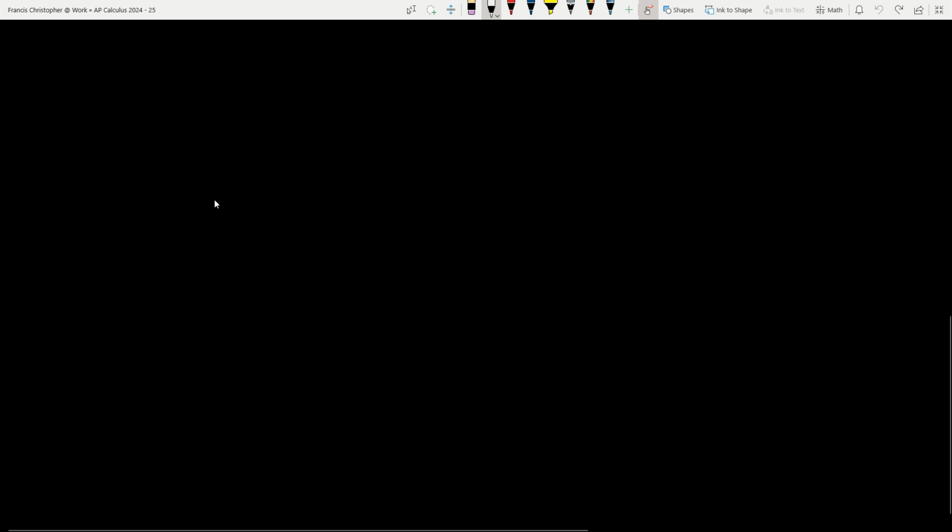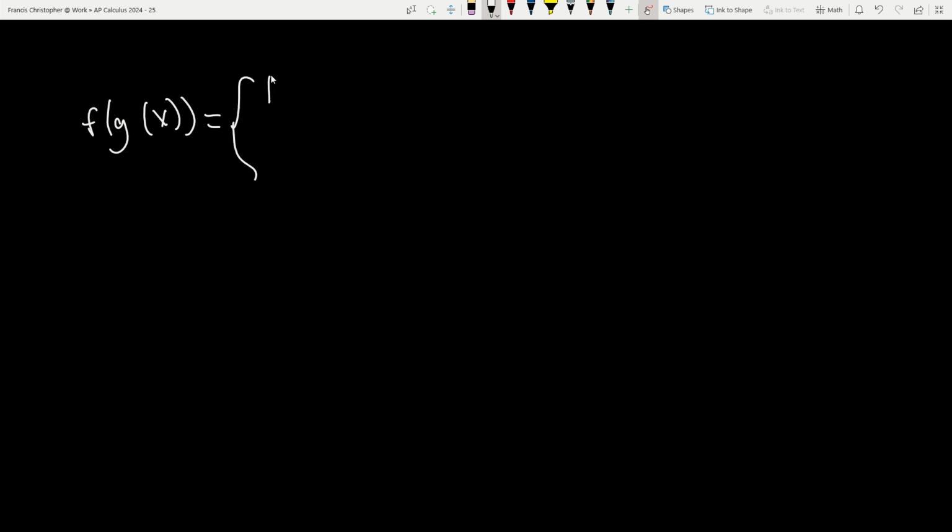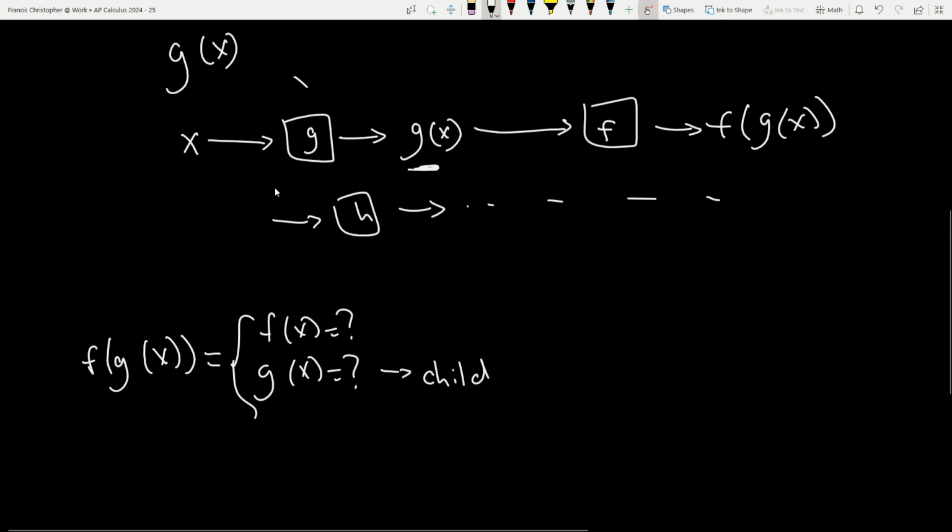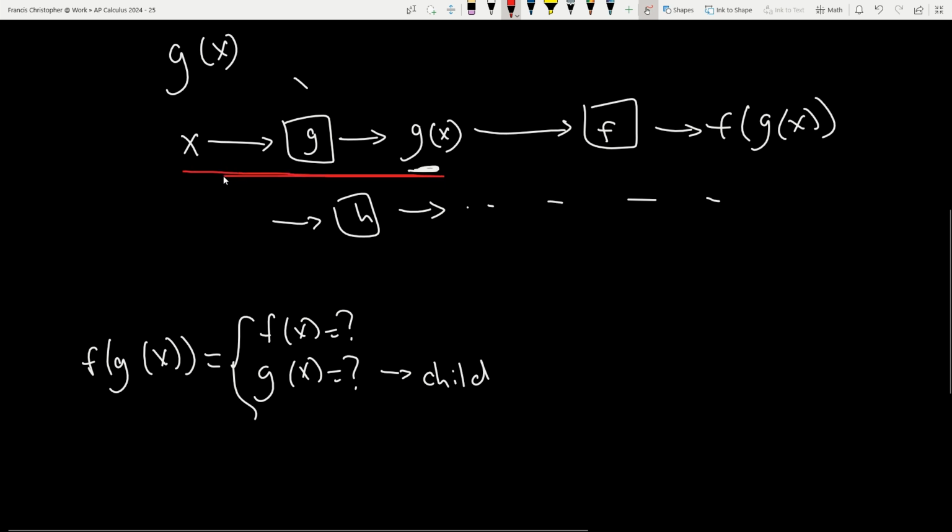So if you've understood what it means to treat functions of x instead of just x as inputs for other functions, then it's time to start recognizing what f and g are in your composite functions. Here we want to find what f of x is, and what g of x is. And I use the parent and child analogy. Again, I'll get to why later. But g here would be our child function. So if you recall, we do g first.